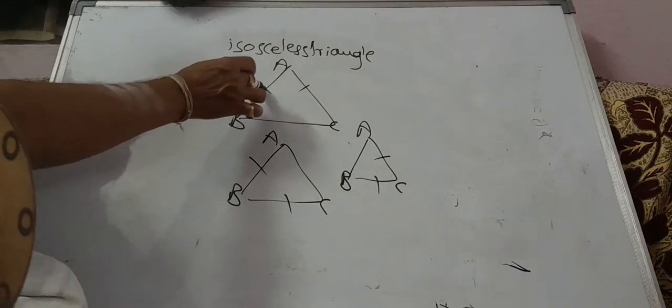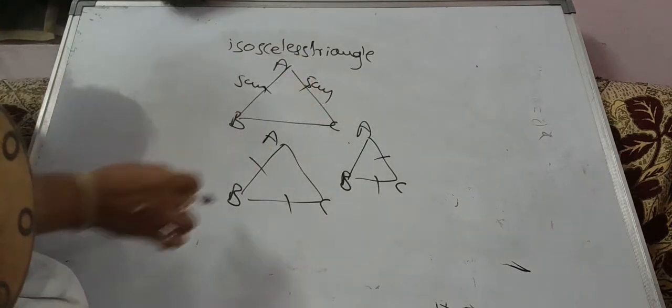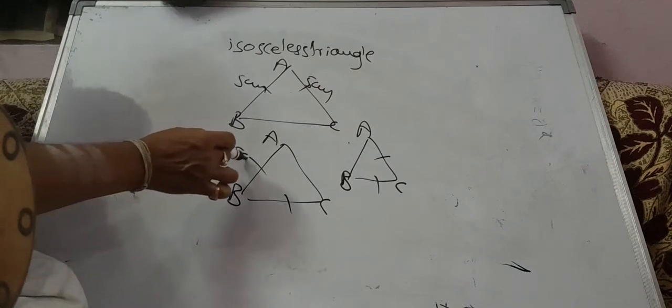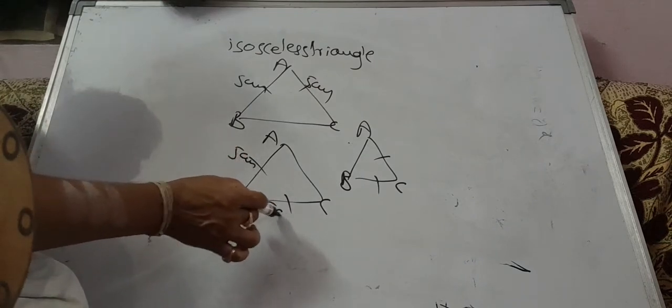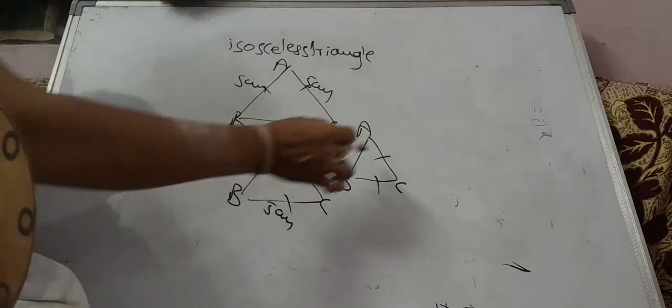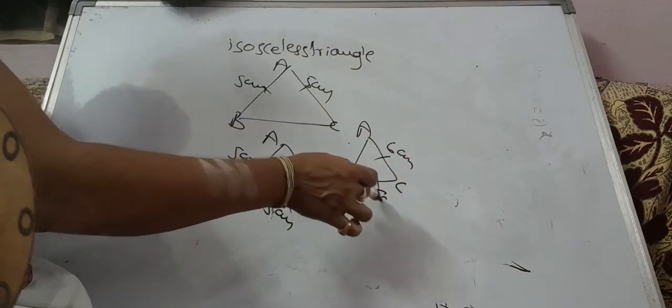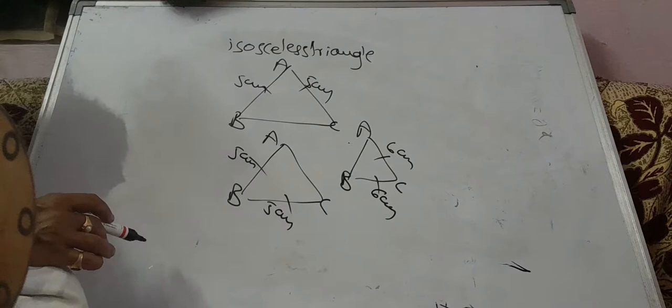That is, if this is 5 centimeters, this is also 5 centimeters. This is 5 centimeters, this is also 5 centimeters. This is 6 centimeters, this is also 6 centimeters.